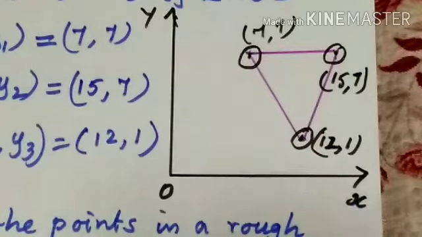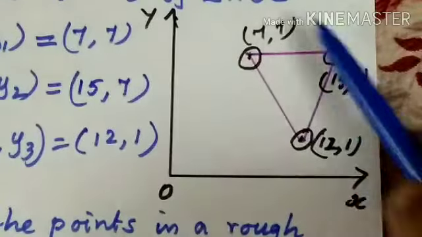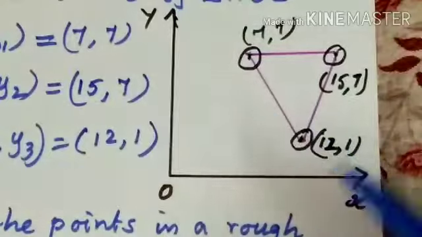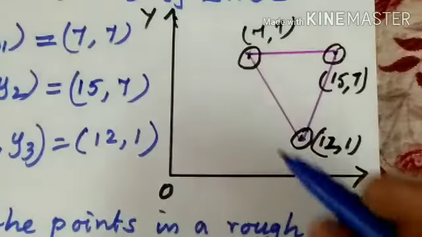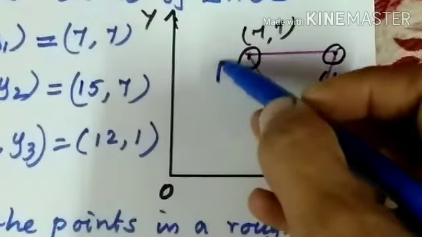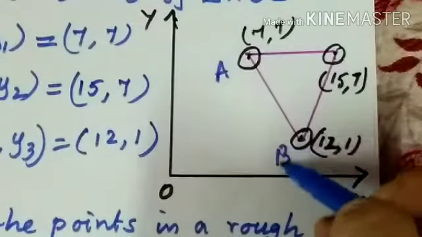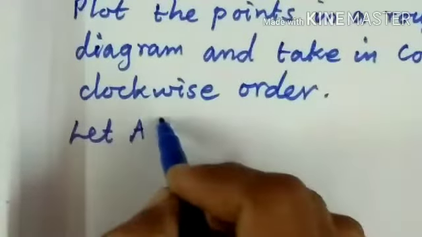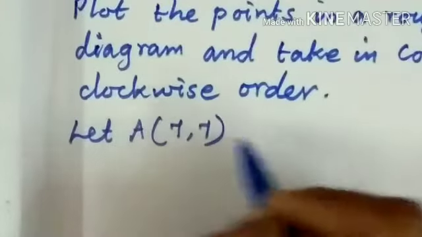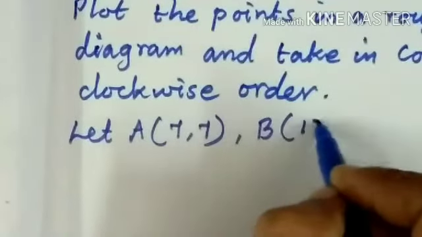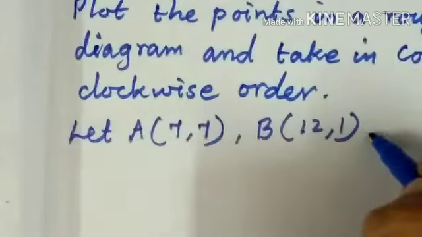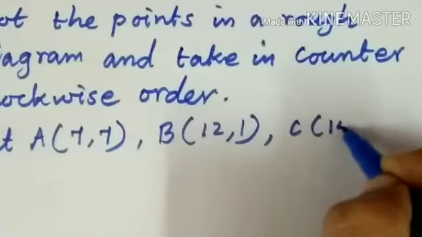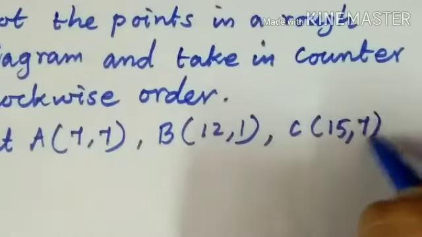Before that, plot the points in a rough diagram and take them in a counterclockwise direction. Therefore, A, B, C. Let A (7, 7), B (12, 1) and C (15, 7).